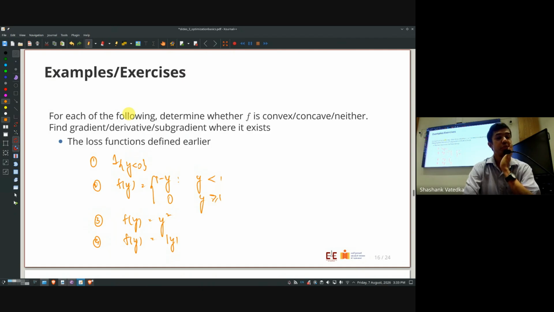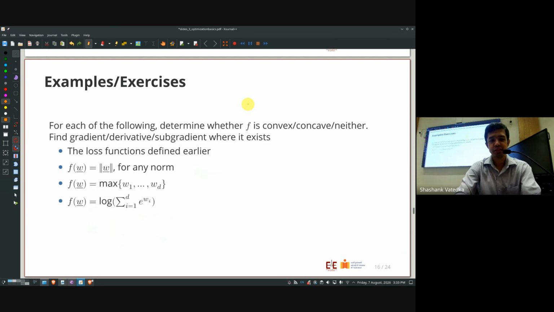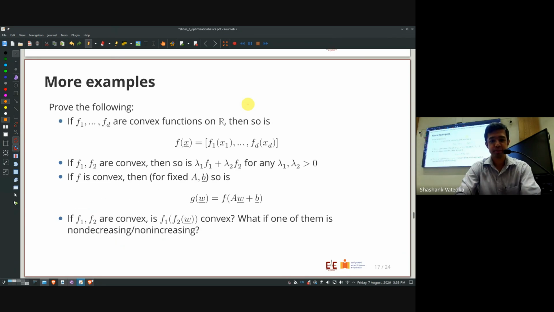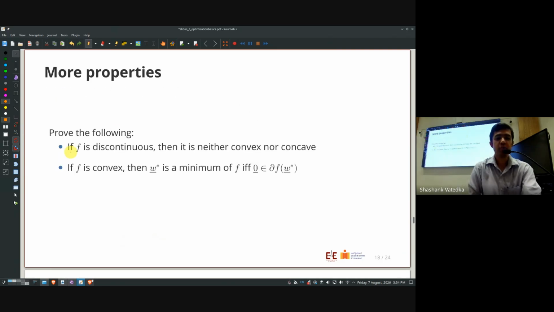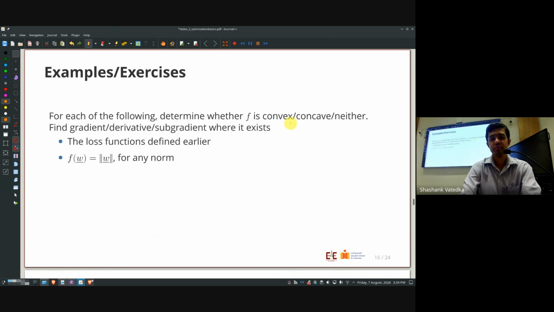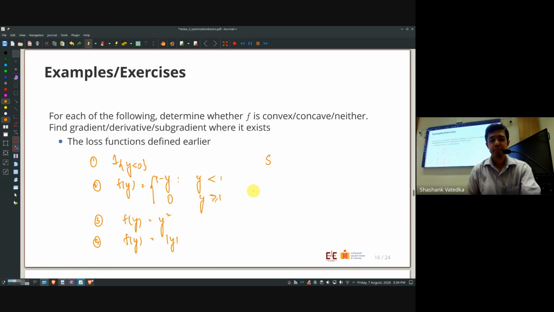Okay, so can you say that any discontinuous function is not convex? Okay, in that case, I'd like you to prove that. In fact, that's a good exercise. I think that is already there as an exercise. Yes. So if f is discontinuous, then it's neither convex nor concave. Right? So one way again is to take a specific pair of points.